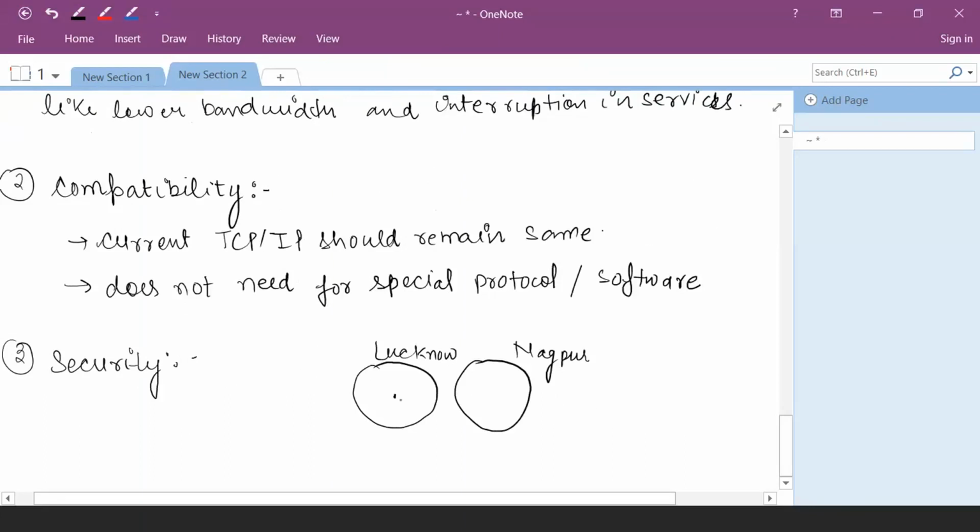Changing my location. If my location changes, then obviously my IP address gets changed and a new care of address is allocated to me. There is the home address and there is a form that is called care of address, right?